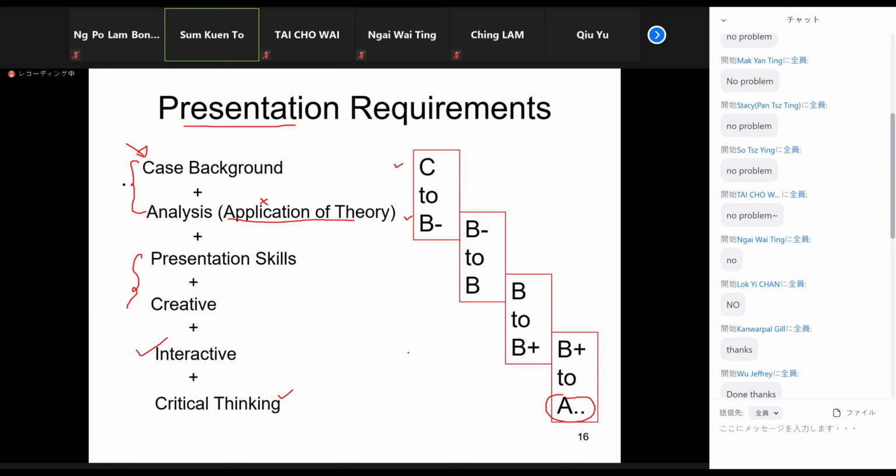If you want a full description of what is meant by good presentation skills, you can look at the rubrics, and I will say a little bit more on this item. But this is how I grade you. This is my assessment criteria. All right. I hope I'm not going too fast because it is already 40 minutes in. I still have a lot of things to say.